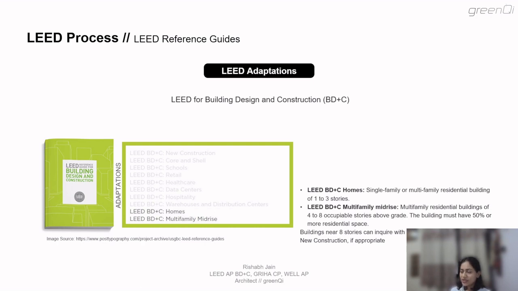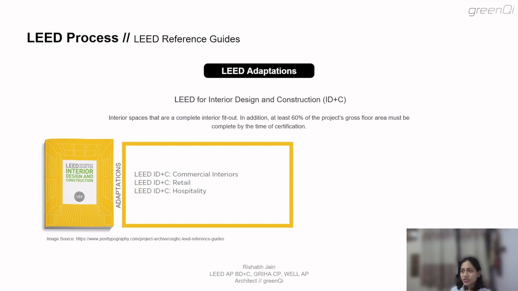In both cases, 50% or more of the area should be residential, because we have mixed use buildings as well. So at least 50% should be residential to claim it under this category. Buildings above 8 stories that want to go for certification will use the new construction category, the first category, as appropriate.